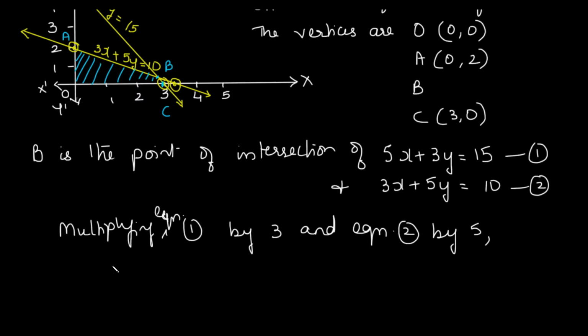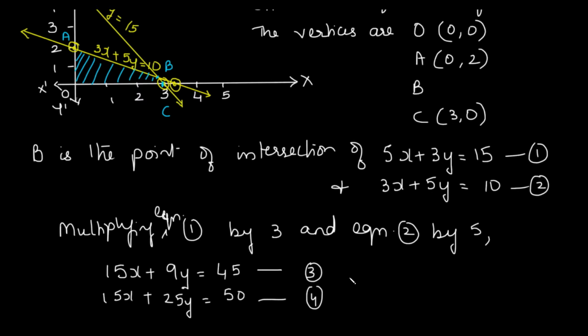So we get over here 15x plus 9y is equal to 45, and the second equation, which is multiplied by 5, we get as 15x plus 25y is equal to 50. Say this is 3 and this is 4.